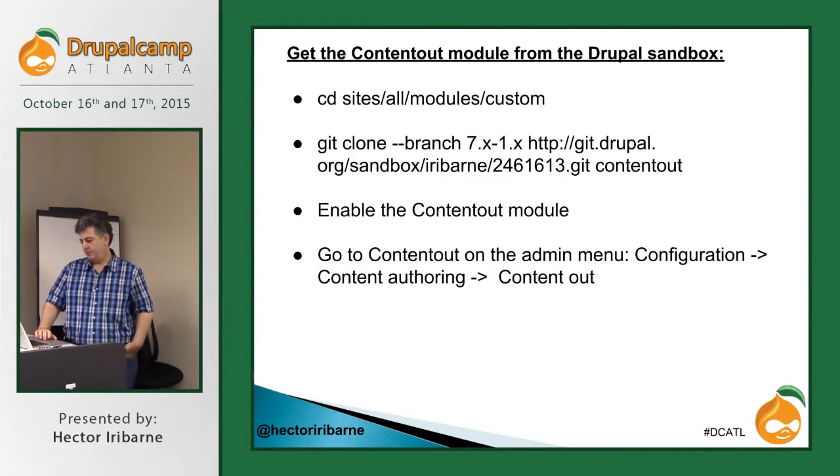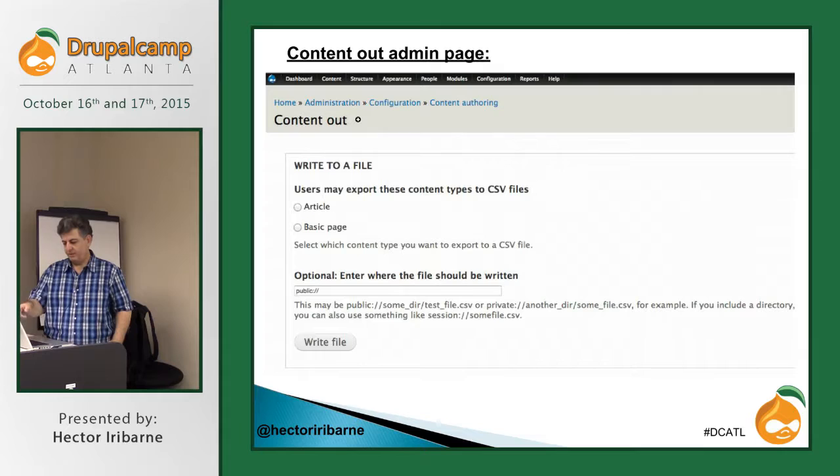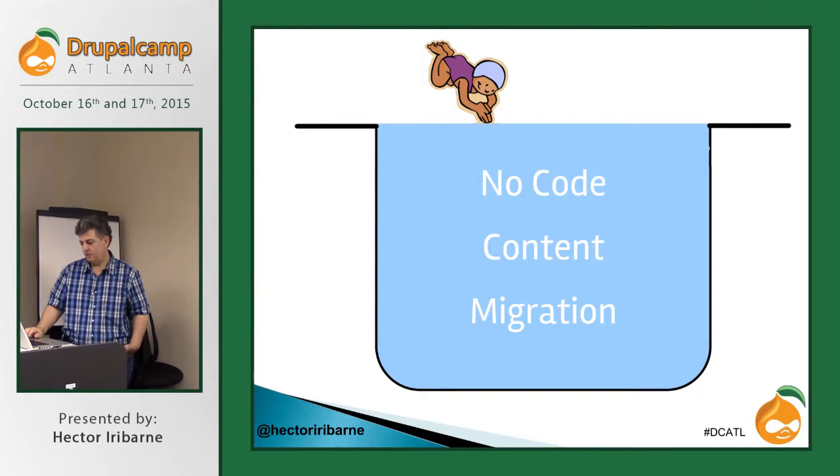You enable the module, and then this is the path to the config page. Here's a screenshot of the articles. You can see the path up here. And then here's how you have an option to do the URL like I showed you, and then the name and what you click on.